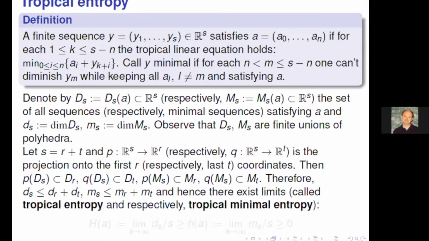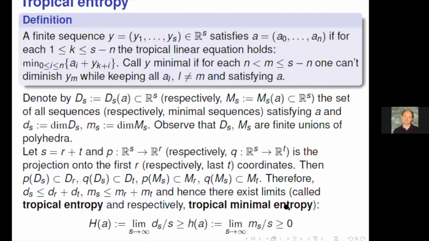And now the main definition. From this containment, we have the subadditivity inequality for the ds function, and therefore, by the subadditivity lemma in ergodic theory, we know that the limit of ds over s does exist, and the same for ms over s.